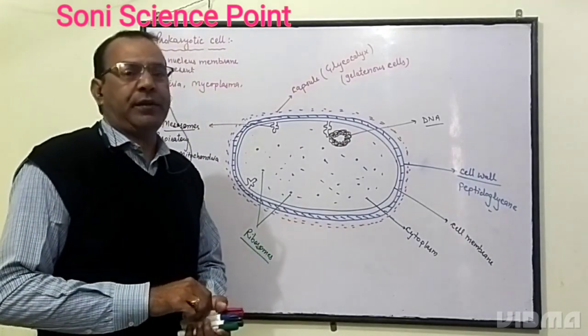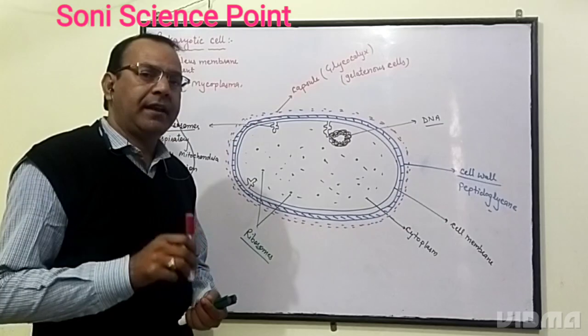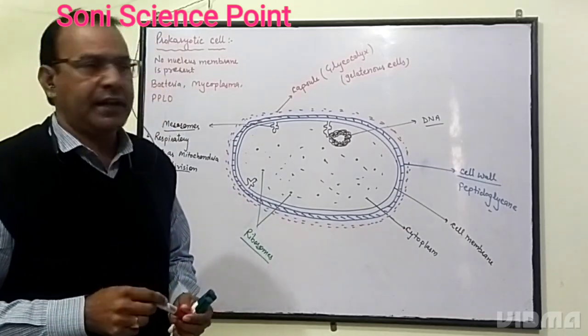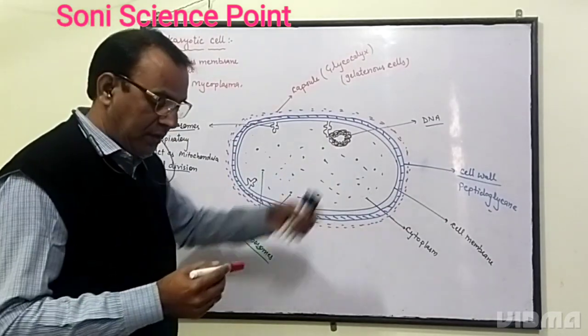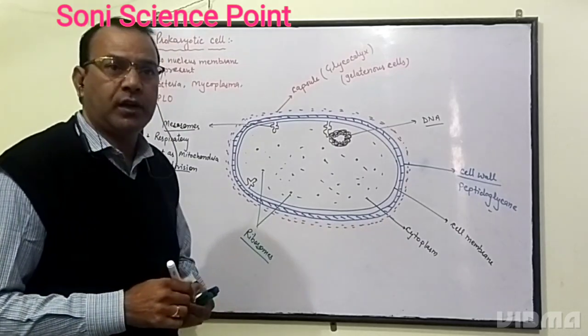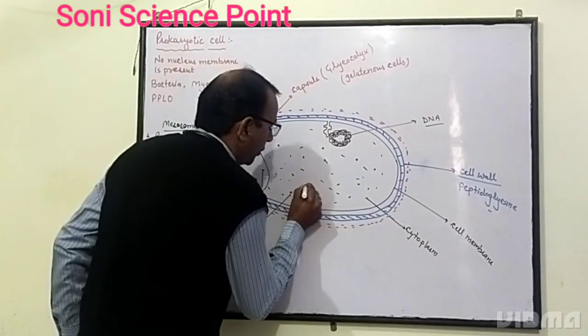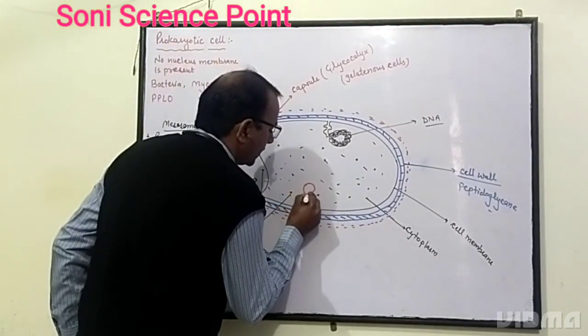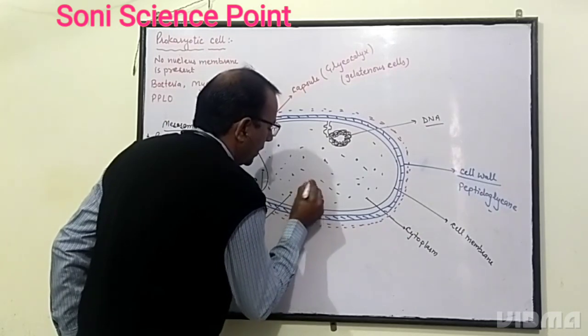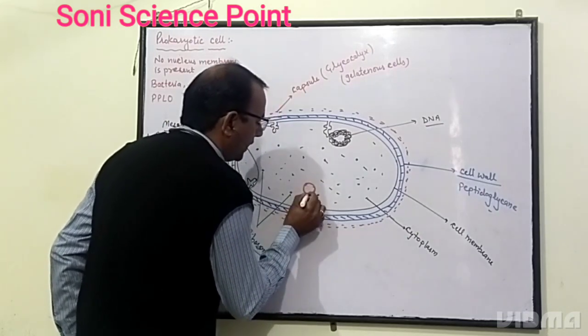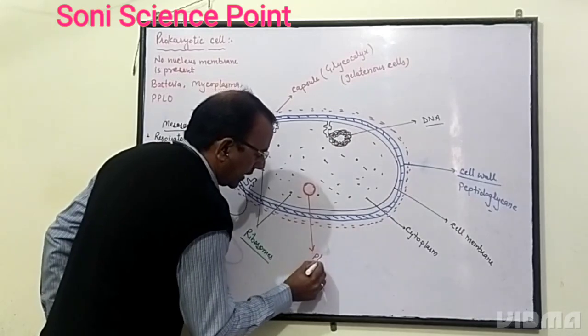In some prokaryotic cells, there is an extra circular DNA present besides this one. Suppose this is the extra circular DNA, and this extra circular DNA is called a plasmid.